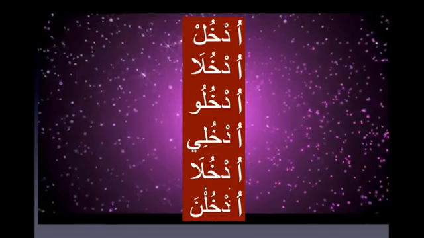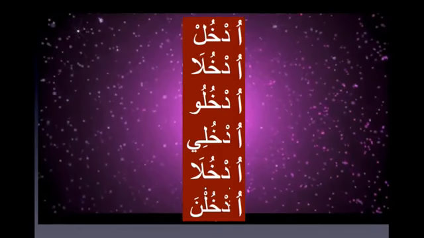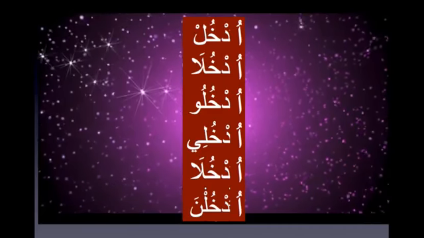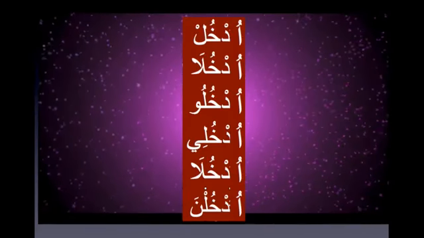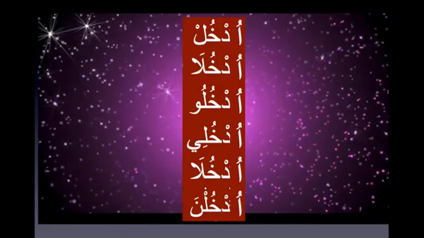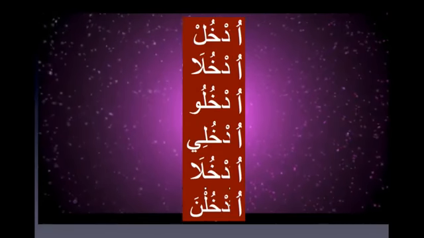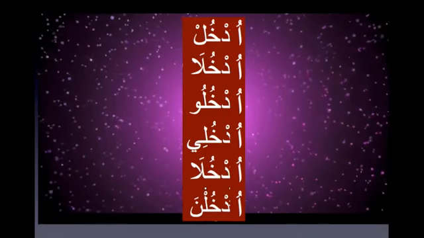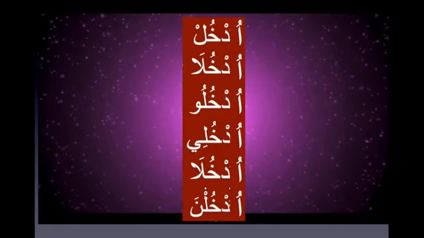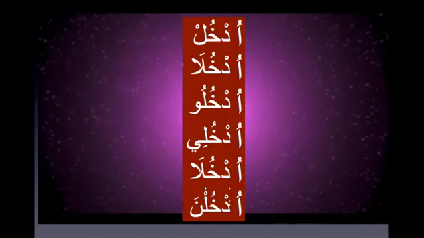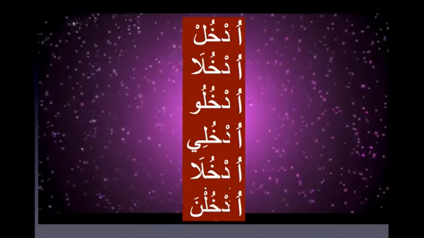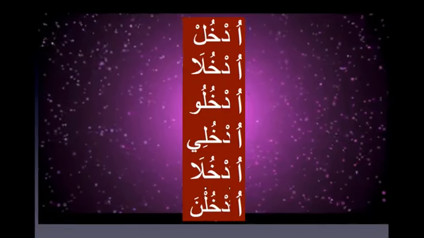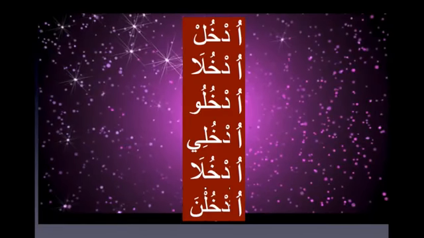Anta udkhul, antuma udkhula, both of you enter. Antum, all of you men, udkhulu, enter. The female in front of you, anti udkhuli, so ya is the fa'il. Antuma udkhula, antunna udkhulna. Telling antunna, all the women in front of you, to all enter, say udkhulna.